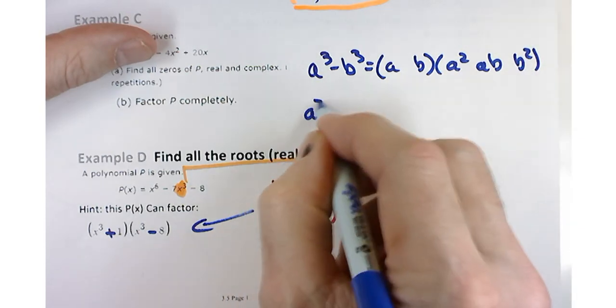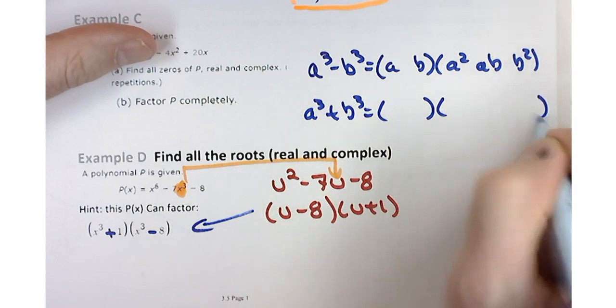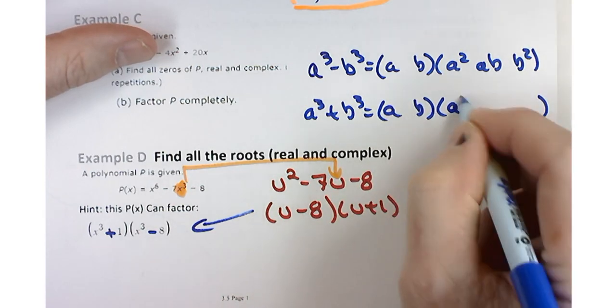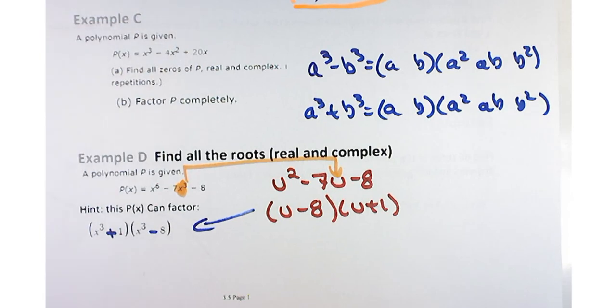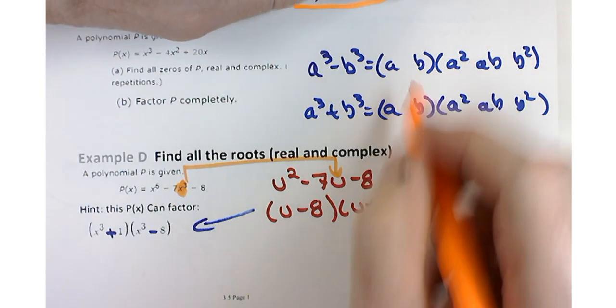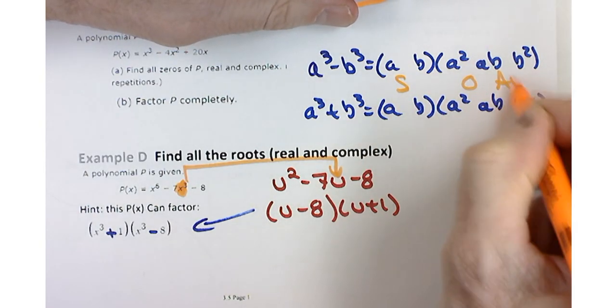A cubed plus B cubed is going to be similar. In fact, at this point, they're very similar. Let's say identical. The only difference is that they have different signs that go between them.